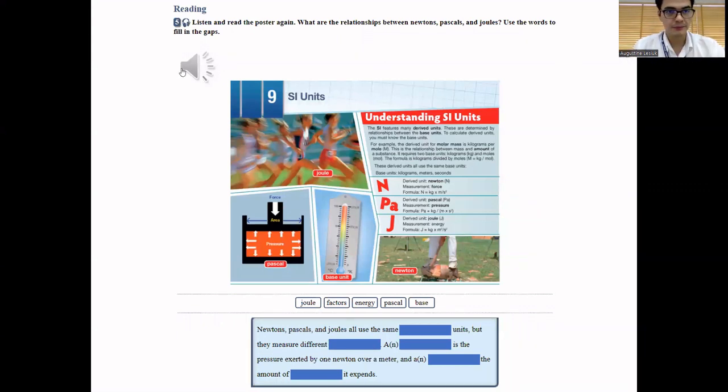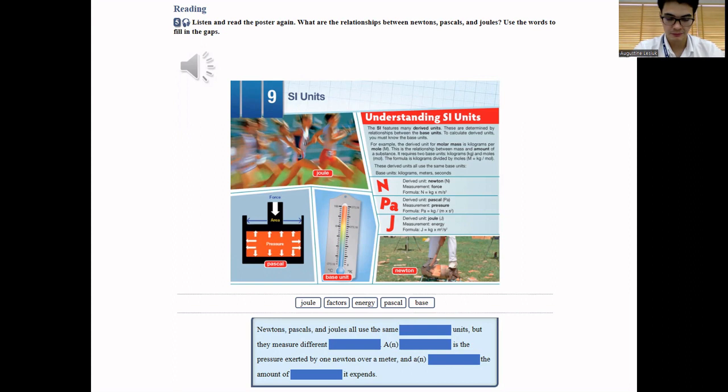Here's the audio clip. Unit 9, SI Units, Exercise 5, page 21. Understanding SI units. The SI features many derived units. These are determined by relationships between the base units. To calculate derived units, you must know the base units. For example, the derived unit for molar mass is kilograms per mole, M. This is the relationship between mass and amount of a substance. It requires 2 base units, kilograms, kg, and moles, mol. The formula is kilograms divided by moles.